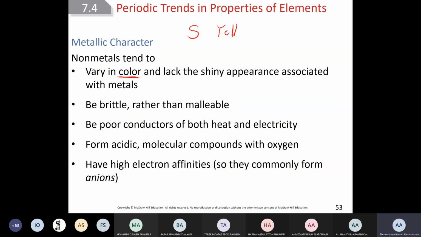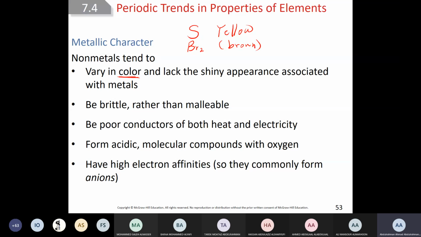Yellow, very good. What's the color of bromine? Green. No, bromine is actually very dark brown.